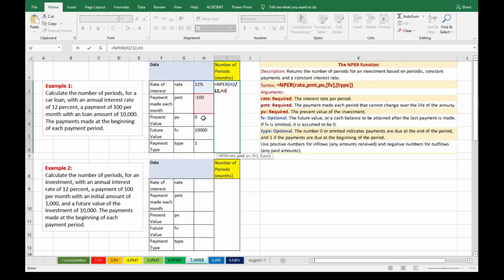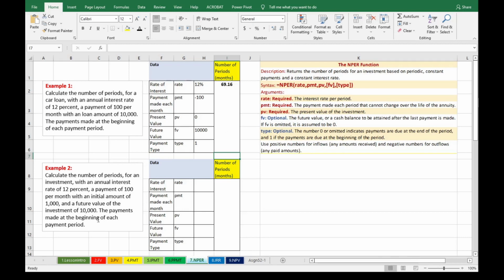Sorry, here we need comma. Then present value is 0, comma, future value is 10,000, and type is 1. So if you close parenthesis and enter, we get number of periods is 69.16 months, or 69 months if we round it off.